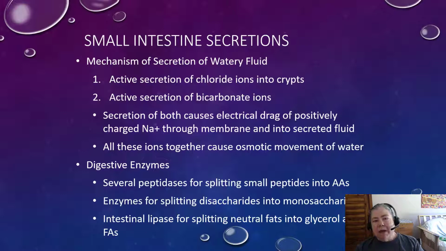But there are peptidases that break up the small peptides that have been created from the other protein cleaving enzymes, for instance, pepsin in the stomach, into amino acids, which can be absorbed. There are enzymes that split disaccharides into monosaccharides, primarily glucose. And there is intestinal lipase that breaks fats into glycerol and fatty acids.